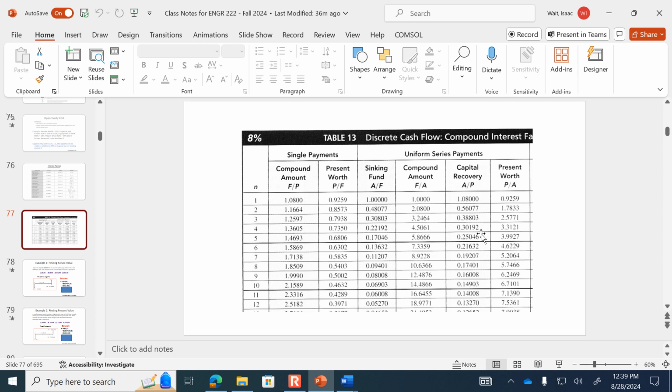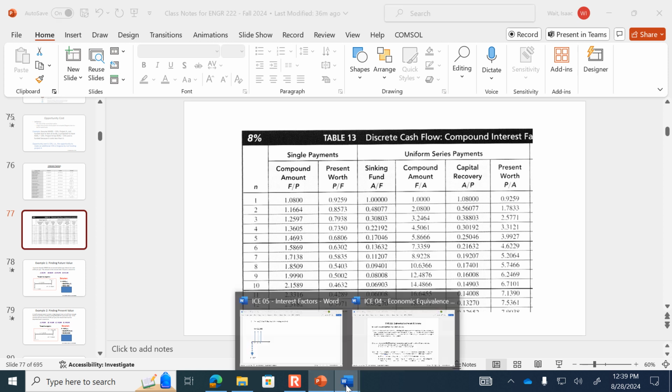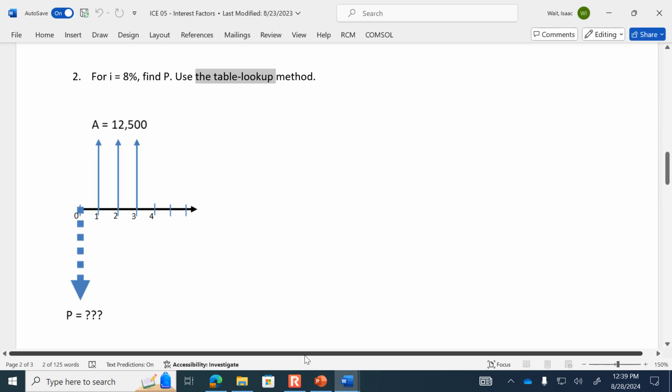So what I've done is I've said everything that's happening here is equal to 2.5771. So P is the annual amount that's recurring, 12,500, multiplied by 2.5771.